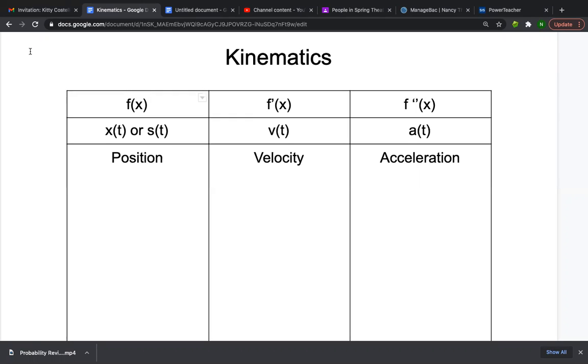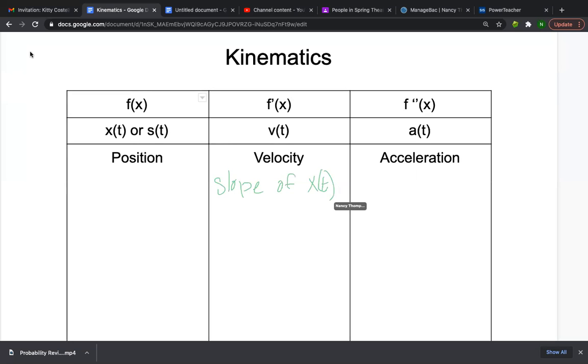So there's a couple of things to keep in mind when we're talking about these that have to do with the more physics words. So keep in mind when we talk about the derivative, we're talking about the slope. So velocity is the derivative. So this is the slope of the position graph.